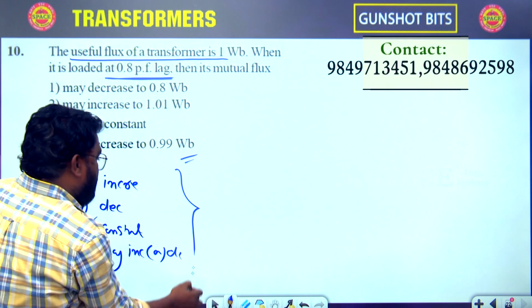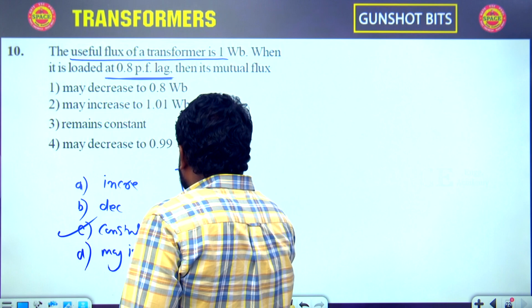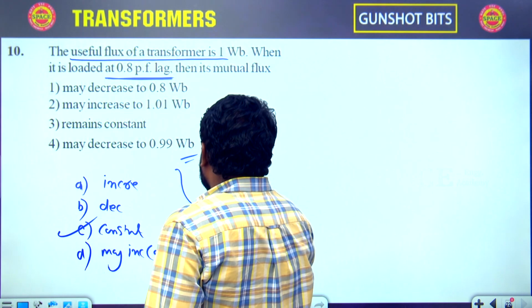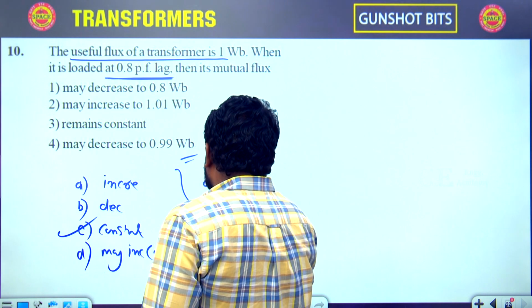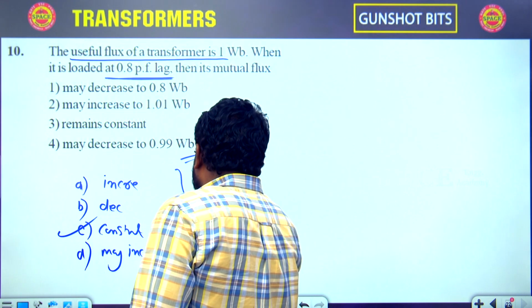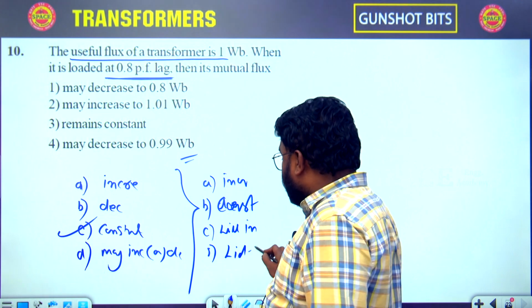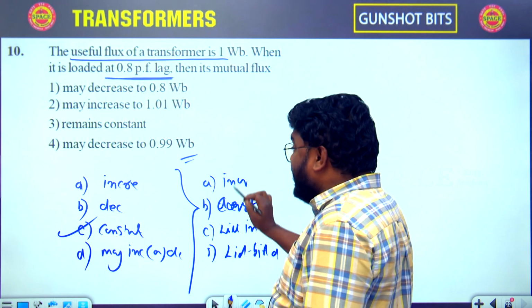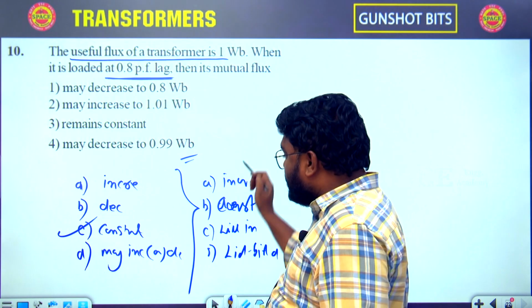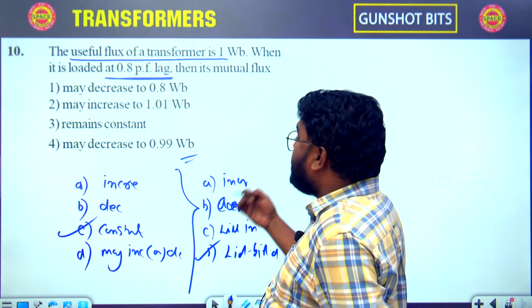And next, the options are given like: option A, increase; option B, decrease; option C, constant; but this time with little bit increase and little bit decrease, somewhat less than or somewhat more than. So what is the answer? Little bit less than the useful flux in the transformer.